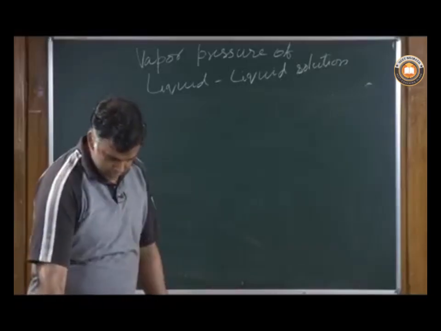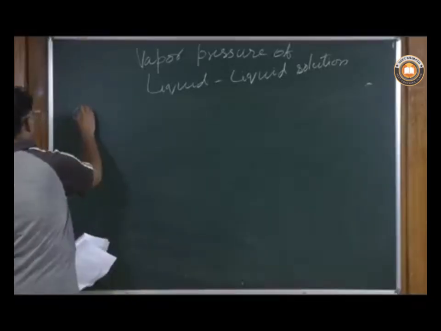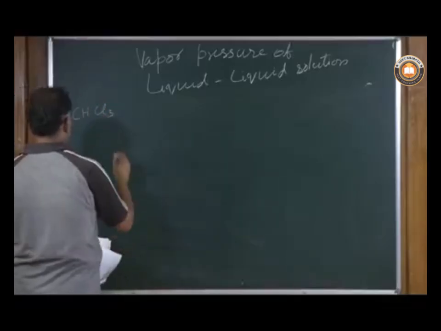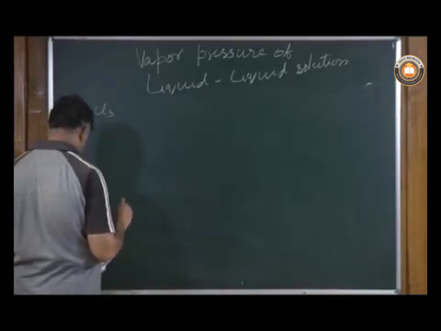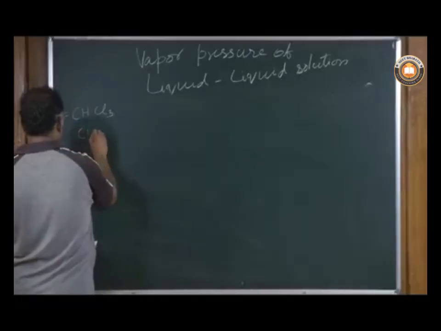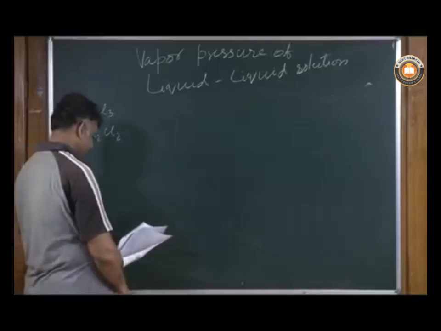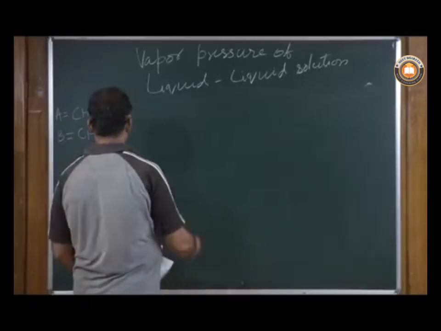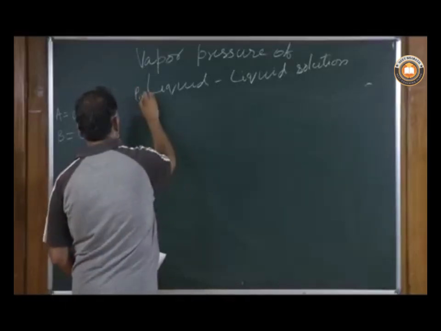Okay. So, we have chloroform, CHCl3, let us call that A. We have dichloromethane, CH2Cl2, let us call that B, and we are given vapor pressure of the pure components, P 0.